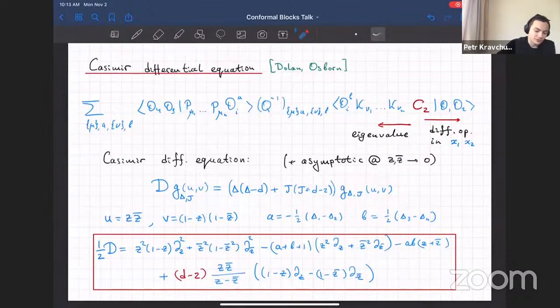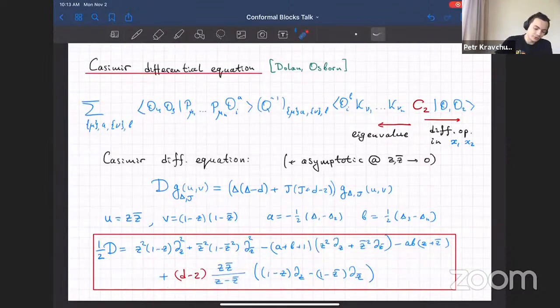And in the z, z-bar coordinates that we discussed previously, introducing a and b for the differences of scaling dimensions of the scalars, you get an explicit expression for this differential operator. You see that it's a relatively involved but very explicit differential operator.